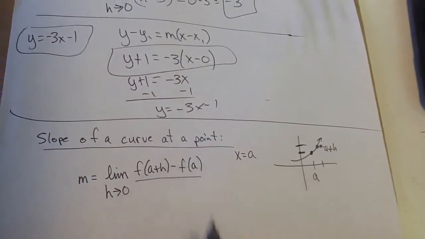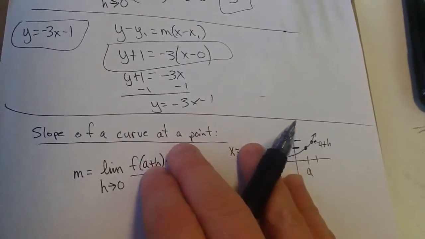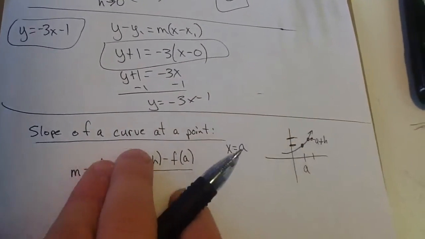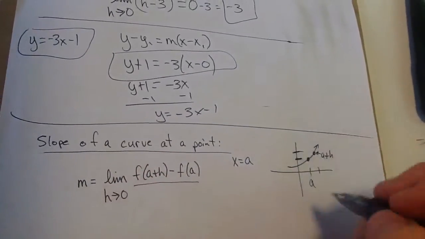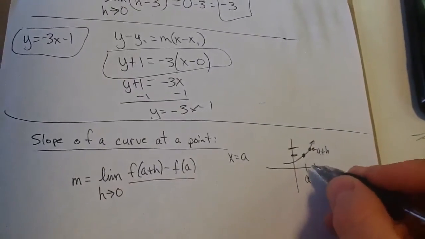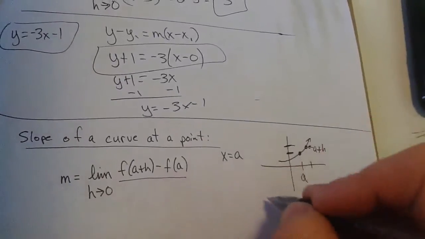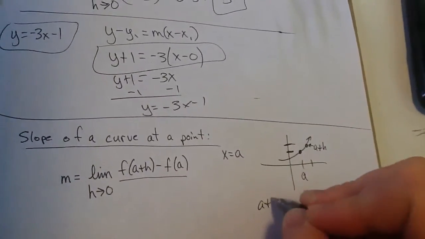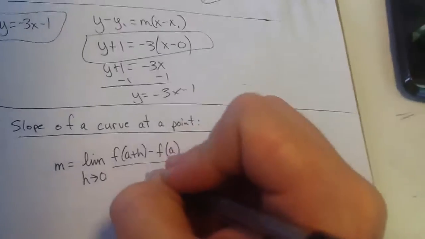That's just changing y. Remember, that means what is the y value when x equals a plus h, minus the y value when x equals a. And then on the bottom, you're going to have a plus h minus a, which is my change in x. A minus a is 0, so really it's just h on the bottom.